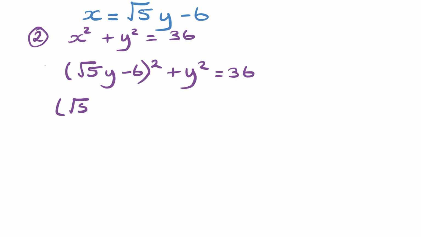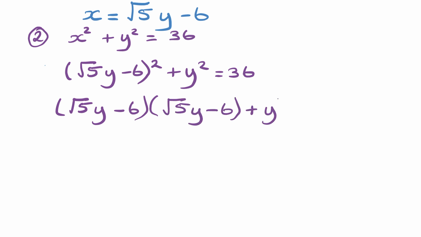That means we have root 5y minus 6, close the bracket, open up another one, root 5y minus 6, close bracket, plus the y squared equals 36. And do write the whole equation out. A lot of students may just write this bit out, leaving this thinking they're going to bring it in later, but often it will get forgotten that way. So keep your equations written out fully.